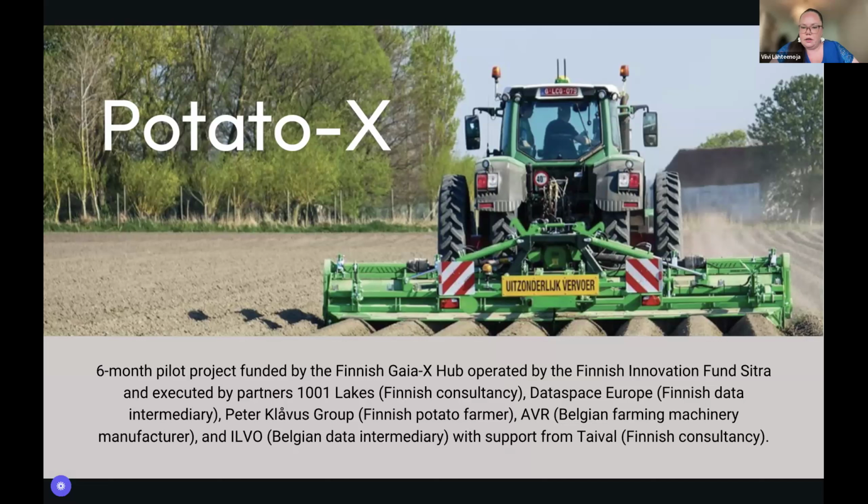We also had AVR, who are a Belgian farming machinery manufacturer, and Ilvo, who is a Belgian data intermediary. And we were also supported by another Finnish consultancy called Taival. So these were the participants that made up the use case pilot that we called Potato X.